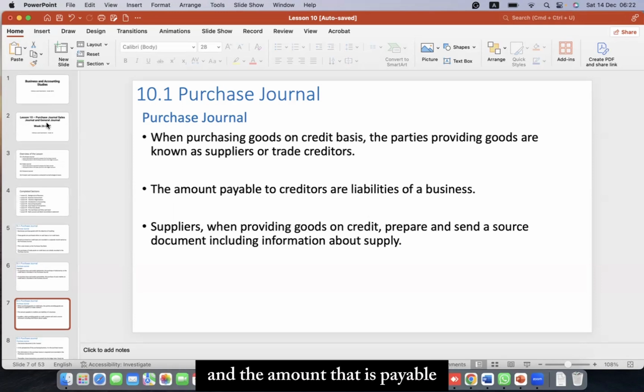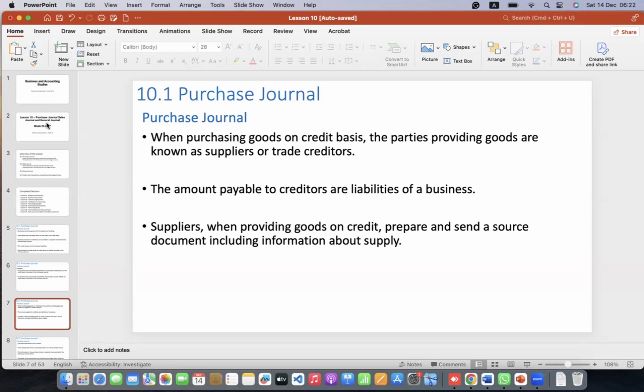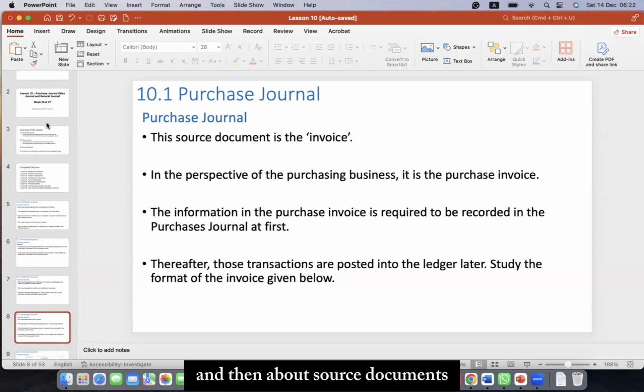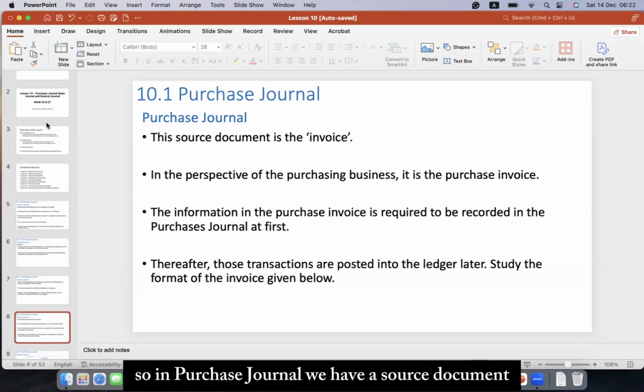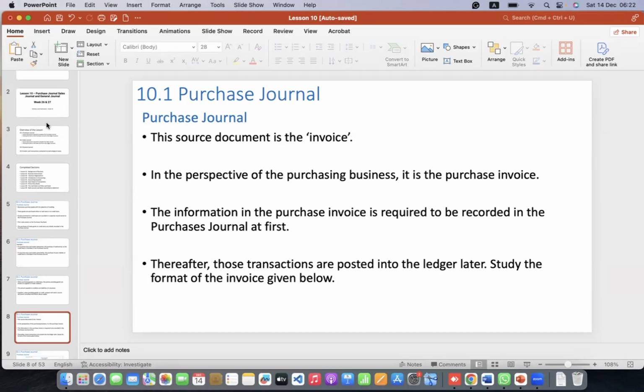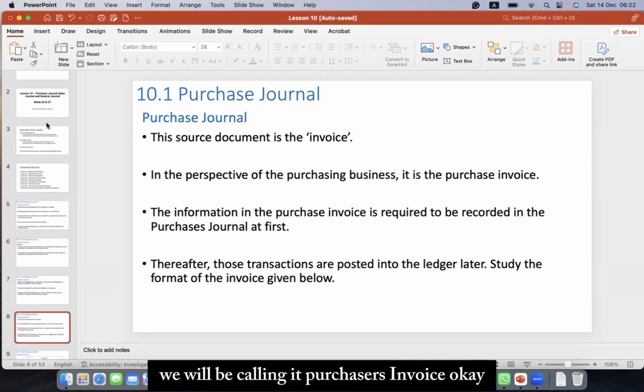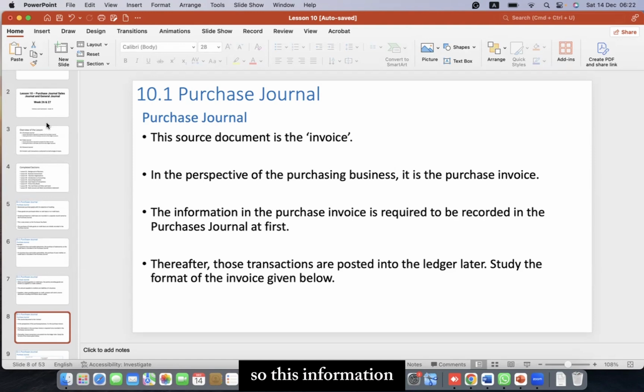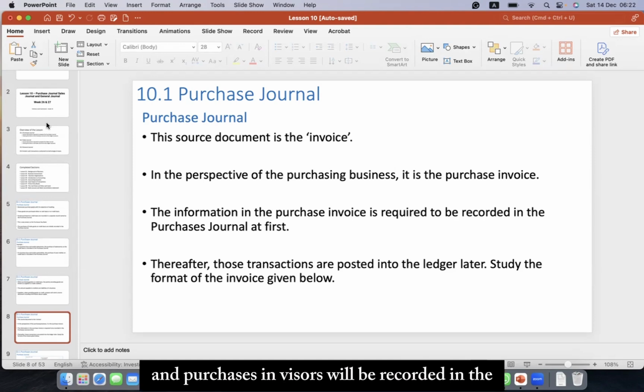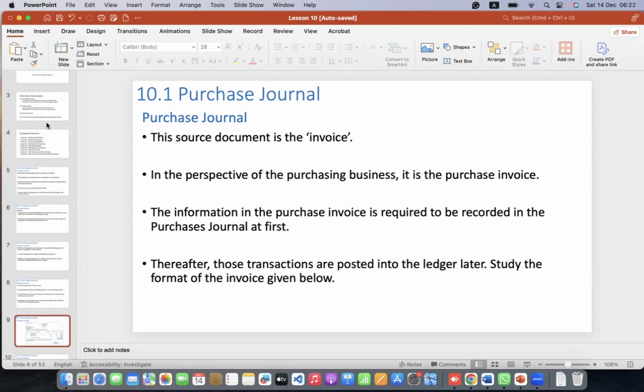The amount payable is a liability to the business. The source document in the purchase journal is the invoice, and we call it the purchases invoice. This information and the purchases invoices are recorded in the purchases journal at first.